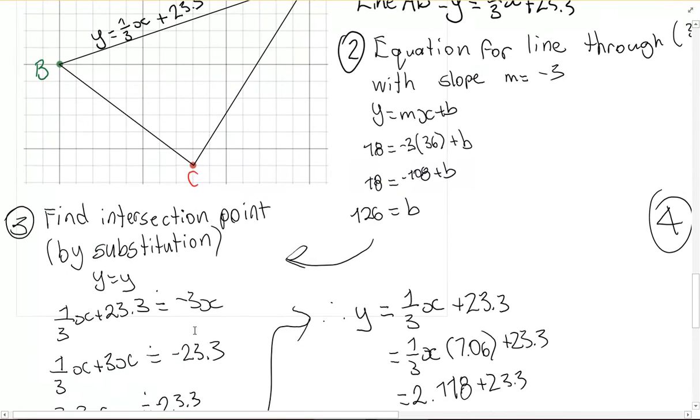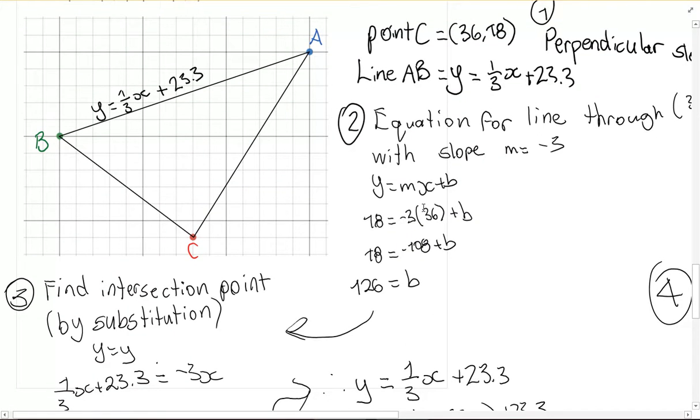Now moving on to step 3, which is finding the intersection point by substitution. I basically assumed that the two y's were equal and used all the other information from the two equations, being the slope and the y-intercept of 126, and also the slope of line AB and all the other information of that.